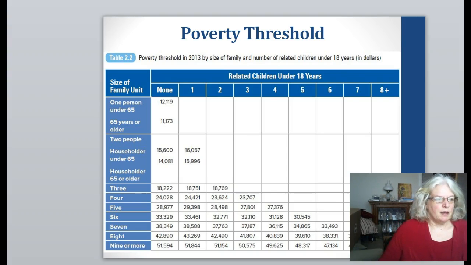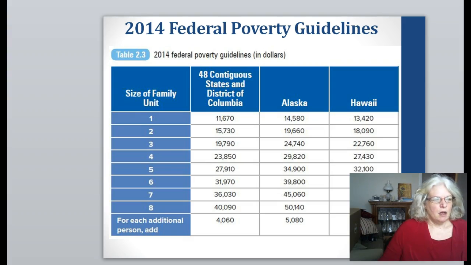Those federal guidelines, that poverty threshold. Well, it's interesting. As we look at guidelines, when we look at family units, you can see that 24,000 there. In the continental states it is 23,850. And then we see Alaska and Hawaii at higher numbers. That is much more expensive to live there. But those are the federal guidelines.